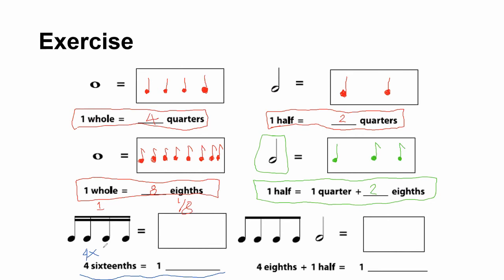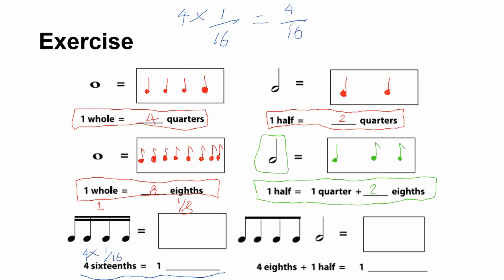This is just a mathematical way of looking at it: 4 times a sixteenth, and a sixteenth is 1 over 16. 4 times 1 over 16 is equal to 4 divided by 16.